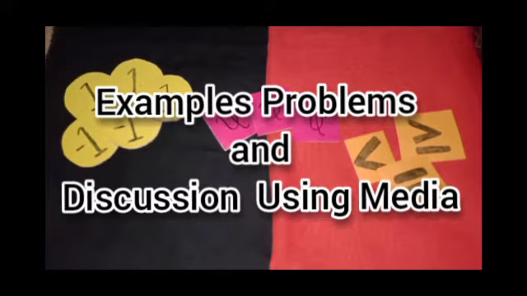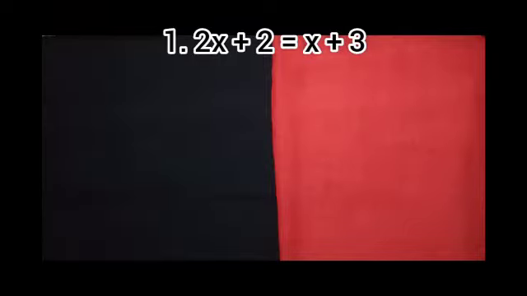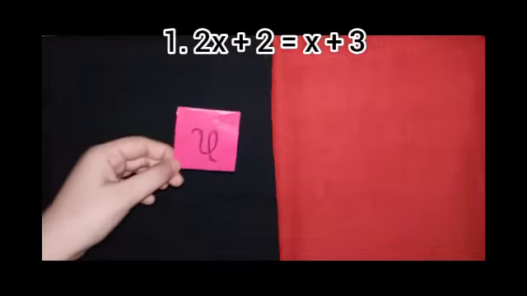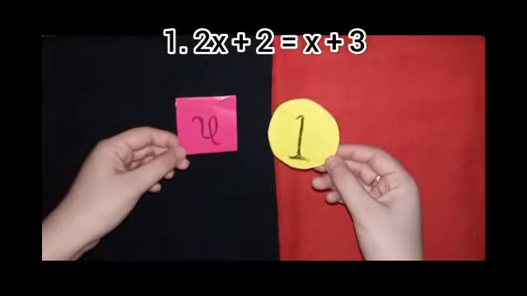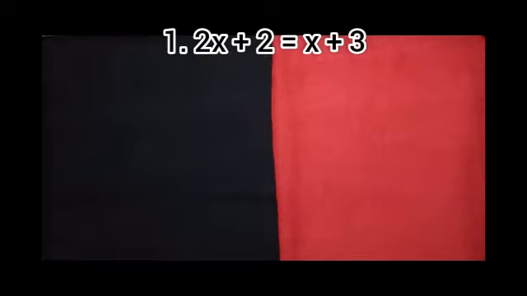Example problems and discussion using media. First, 2x plus 2 equal to x plus 3. Steps to solve it. First, we put the variables and constants, where the media variable is in the form of a pink box and the media constant is in the form of a yellow circle, according to the equation given.